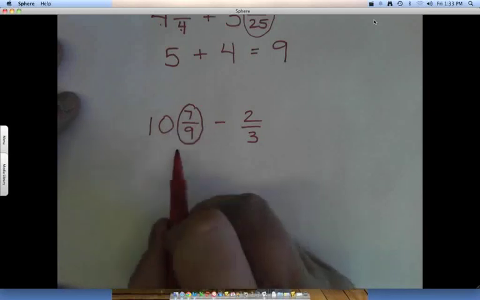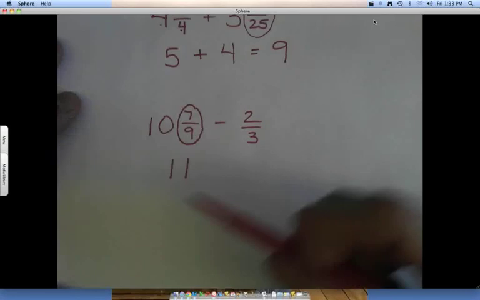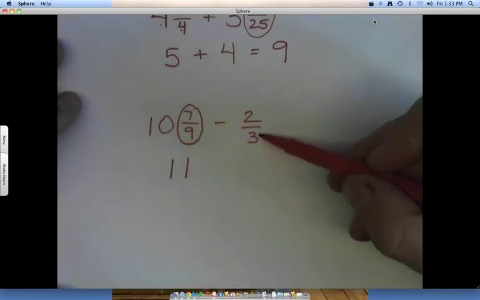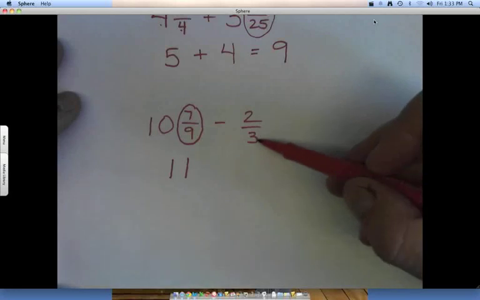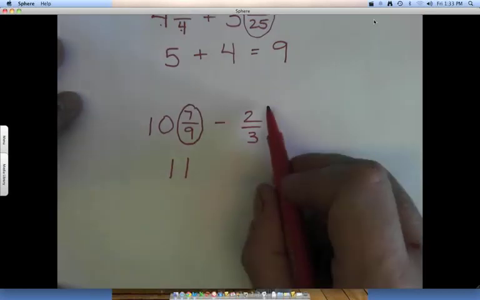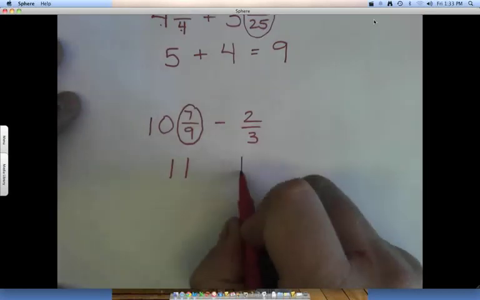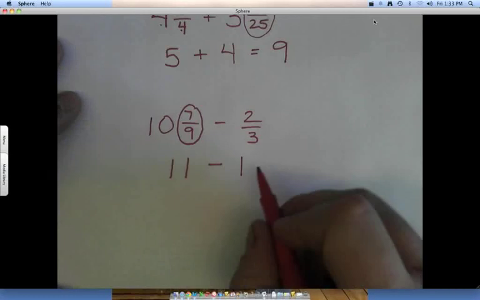So this is going to round my 10 up to 11. 2/3. Is 2 equal to or greater than half of 3? Yes, because half of 3 is 1.5. So instead of this being 0, it's going to be 1. Bring down my subtraction sign. 11 minus 1 equals 10.